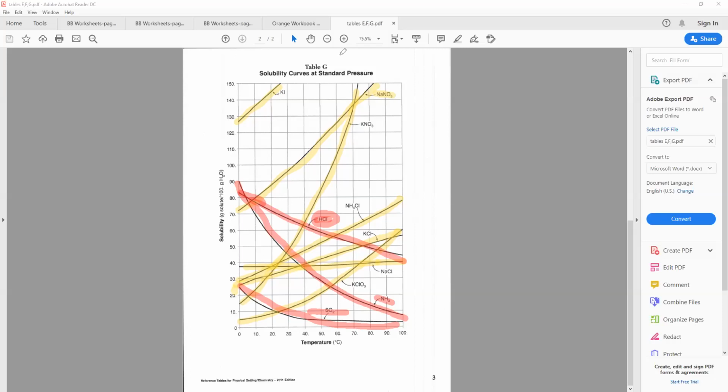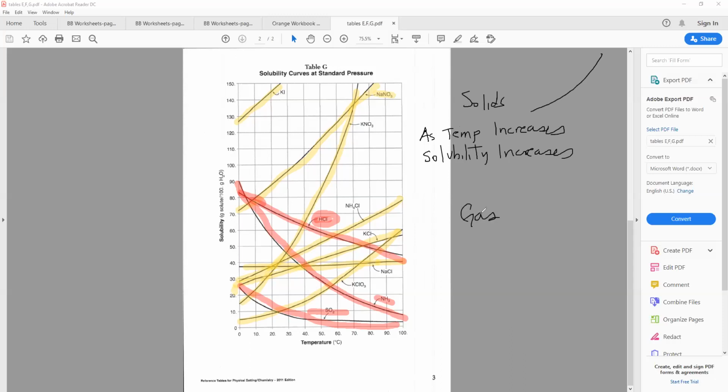So let's go ahead and see. As temperature increases, the solubility increases for who? For solids. That's why they have a positive curve.